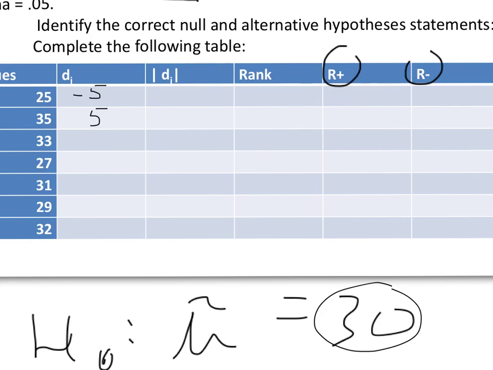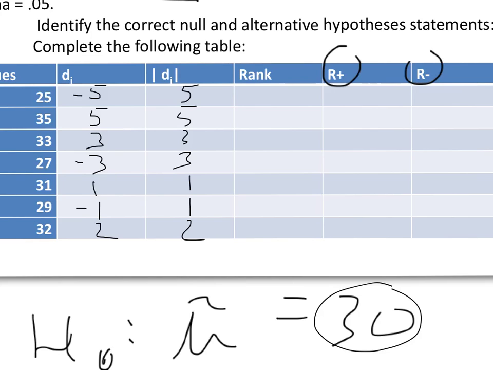Then we have a 3, a negative 3, a 1, a 1, a 1, a negative 1, and then a 2. These are the differences, and then we take the absolute difference of these to rank them. So we have the absolute difference values 5, 5, 3, 3, 1, 1, and 2.